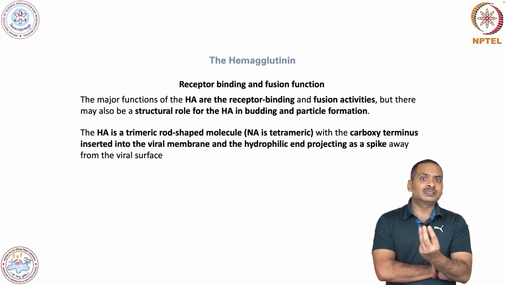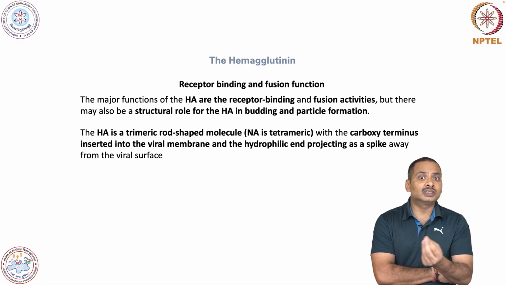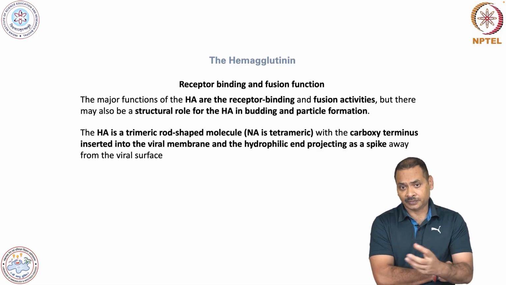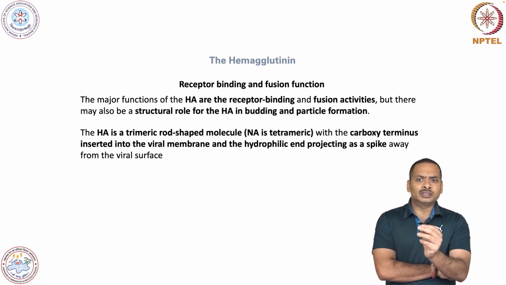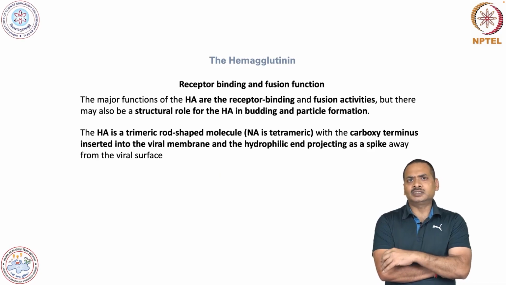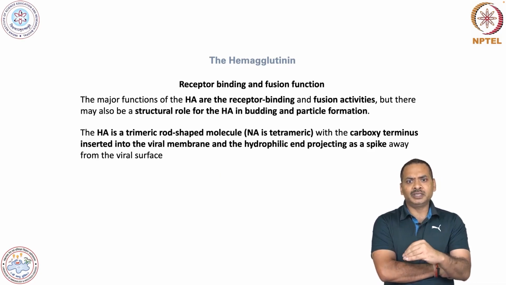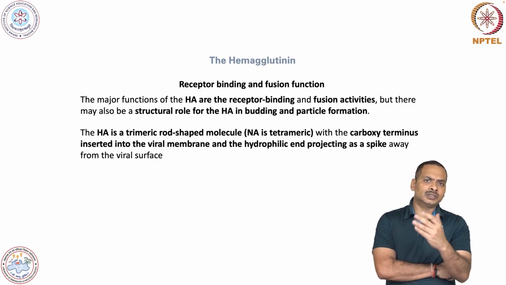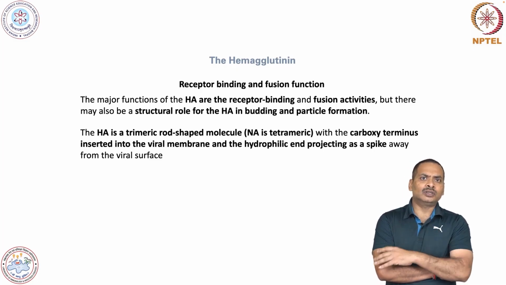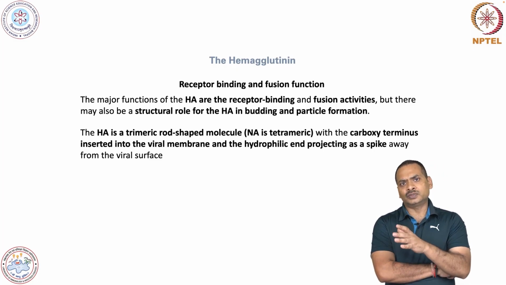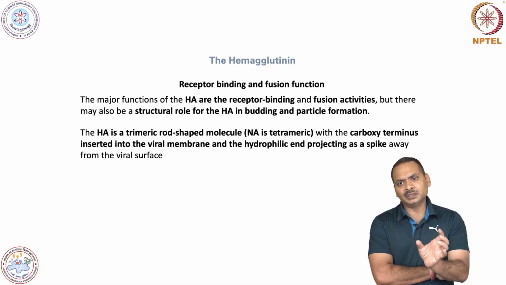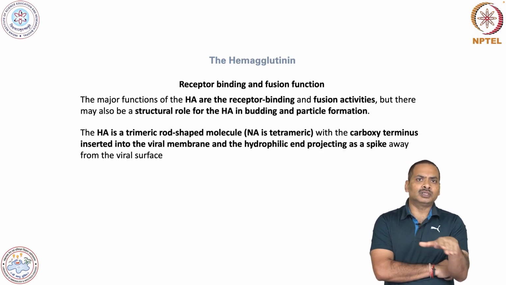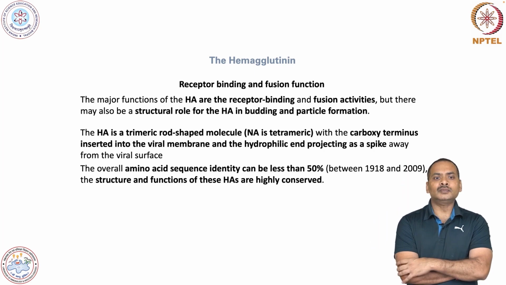And for HA, the 3 subunits come together and make a functional HA, with the C terminus inserted in the viral membrane and the hydrophilic end present on the spike of this virus, which is away from the viral surface.